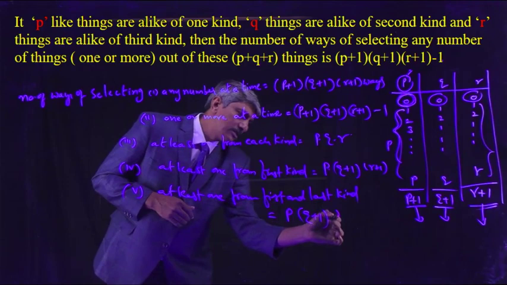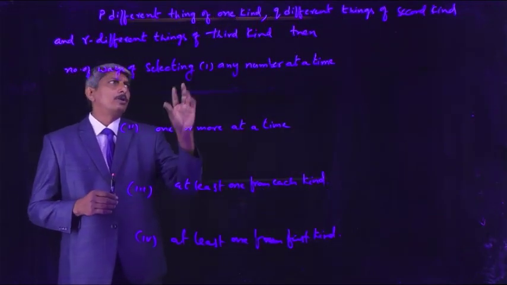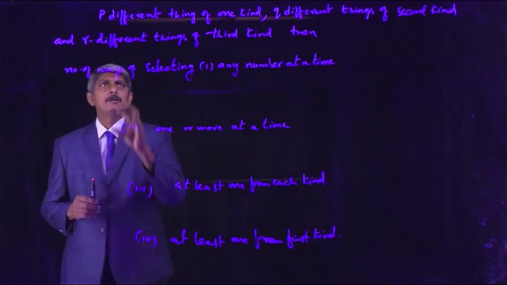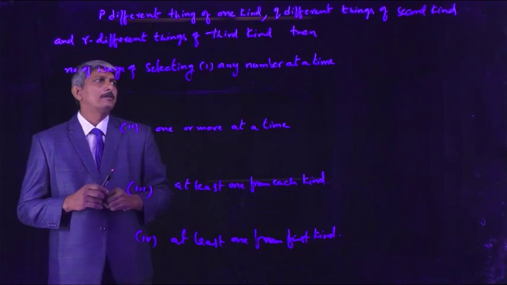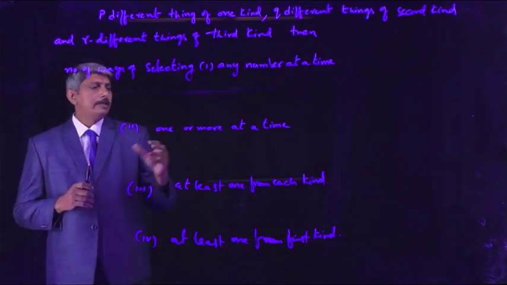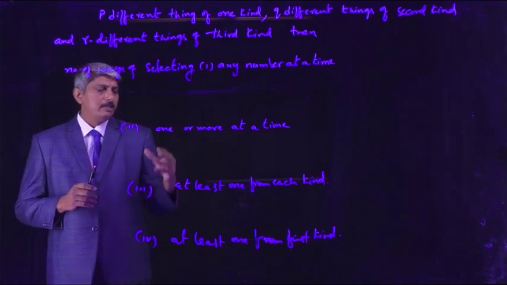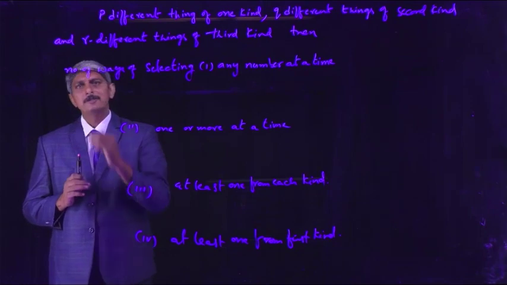Now again excluding 0, we have how many cases? R cases. Okay. If there are P different things of one kind, Q different things of the second kind, R different things of the third kind, then the number of ways of selecting any number at a time, one or more at a time, at least one from each kind, at least one from the first kind, all these cases are discussed in the previous formula.